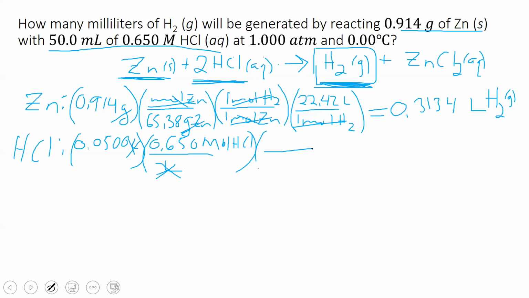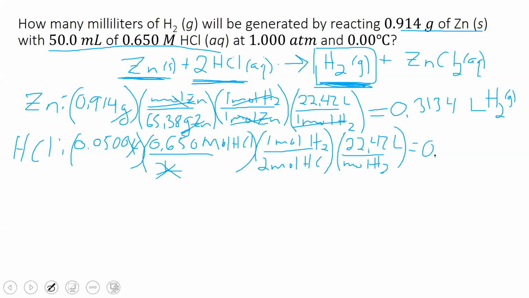Our mole ratio has 2 moles of HCl used to produce every 1 mole of hydrogen gas. Then we multiply that by the standard molar volume, 22.42 liters per mole of H2. If you do that calculation, you wind up with 0.3643 liters of H2.